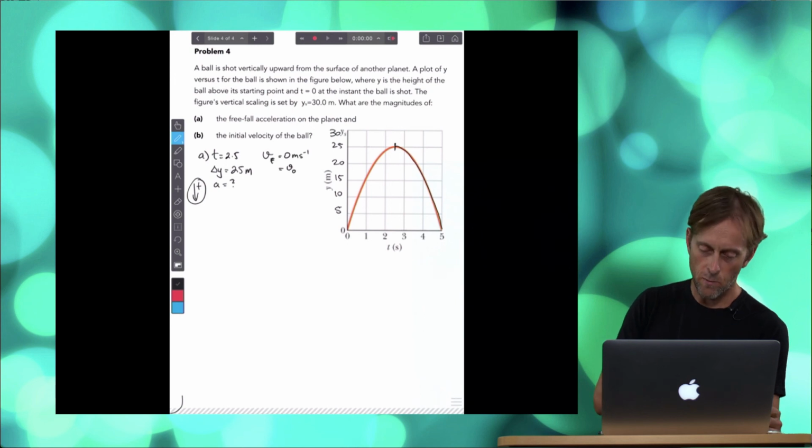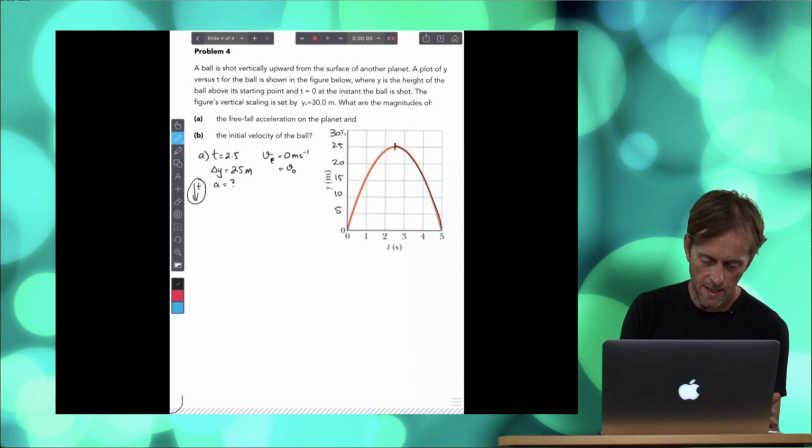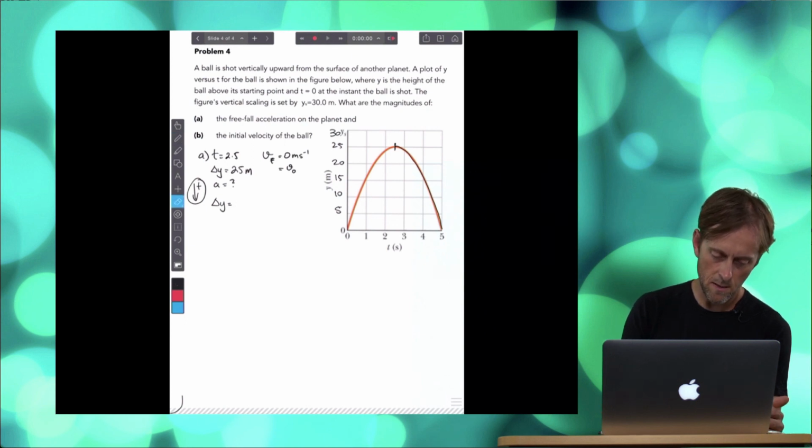Okay, so we look at all those things and we decide which one of our equations of motion to use. It's delta y, which equals y final minus y initial, which is V naught t plus at squared on 2.